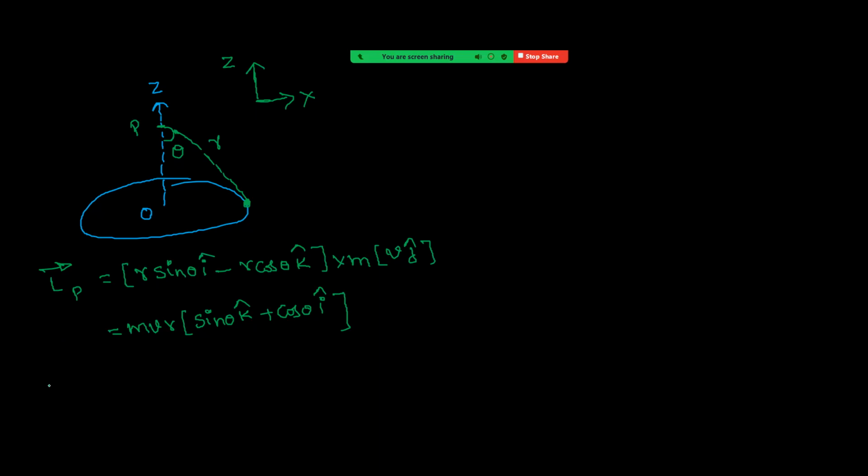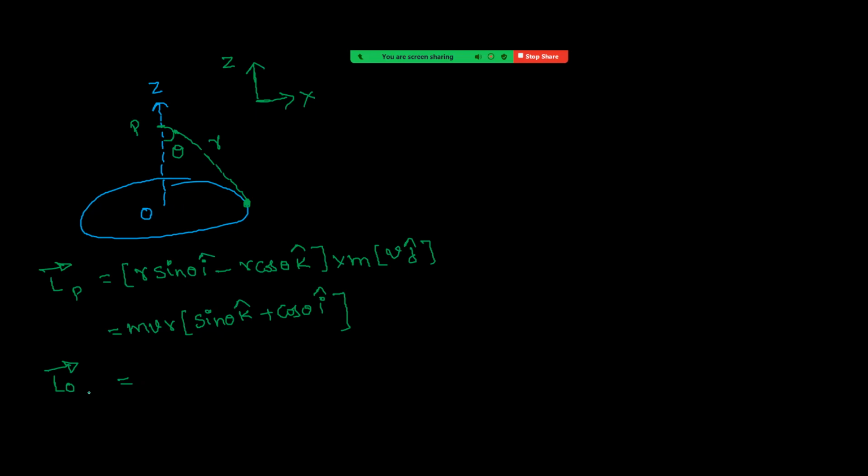Next, he is asking whether they are changing or not changing. If you want to calculate about the center of the circle, see what the value of theta is. If point P is at origin, then theta becomes 90. Sine 90 is 1, cos 90 is 0.